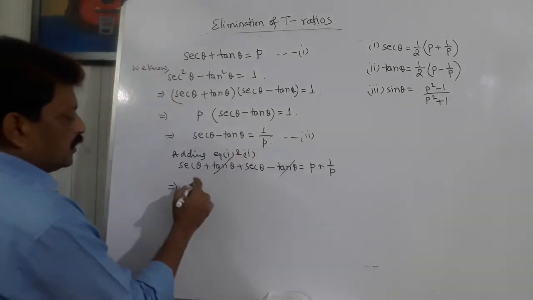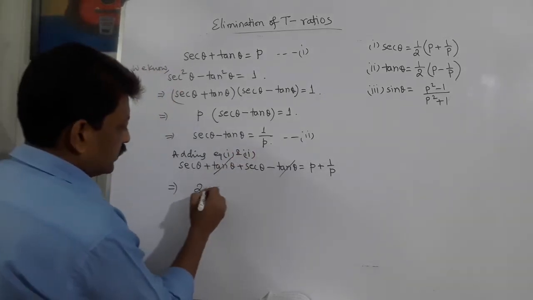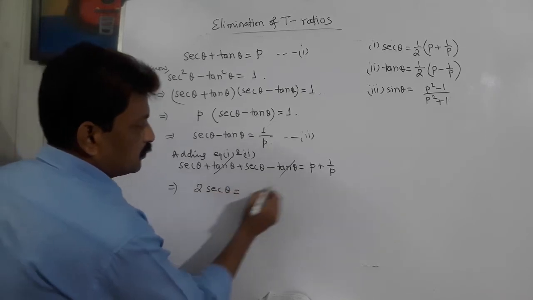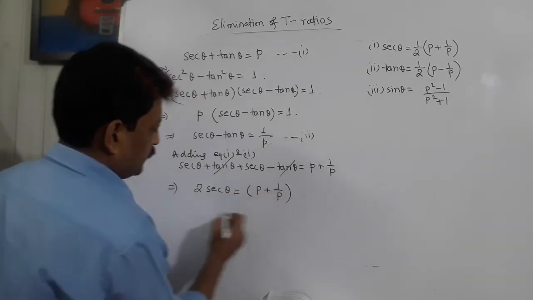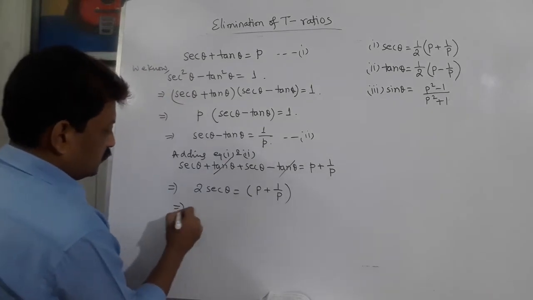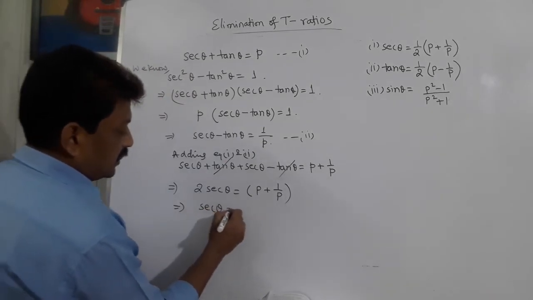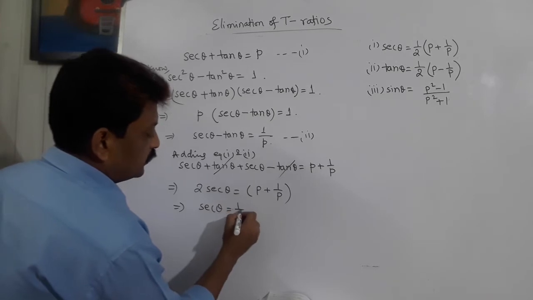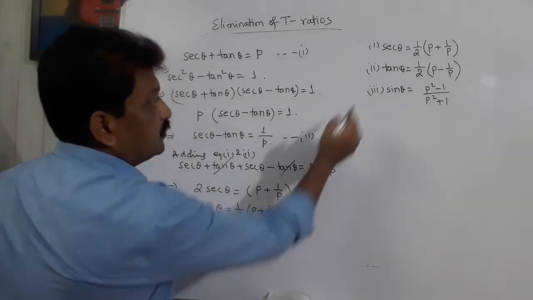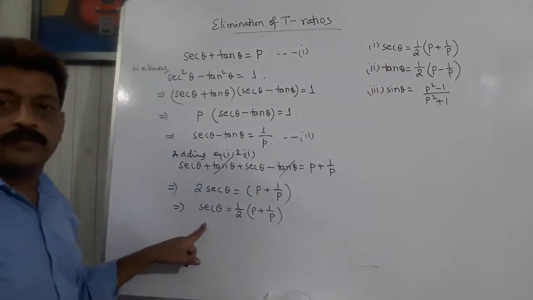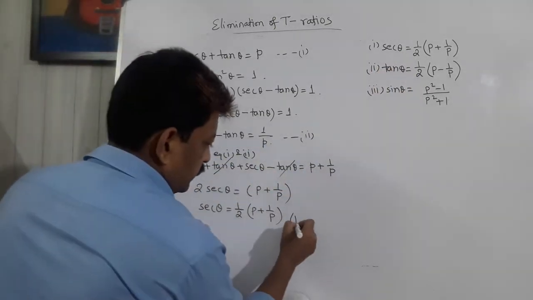So sec theta plus sec theta equals 2 sec theta equals P plus 1 upon P. 2 will go to that side. So it will be sec theta equals, this 2 will become 1 upon 2 here, P plus 1 upon P. So see this, the first one is already proved. Okay. So let me write here proved.